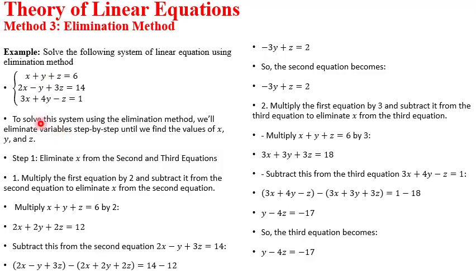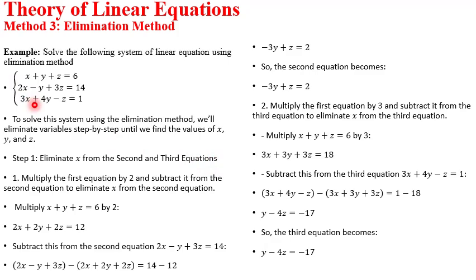Now, to solve this system using elimination method, what we first do is to eliminate variables step by step until we find the values of x, y, and z. So first step, let's eliminate x from the second and third equation. So this is the second equation, this is the third equation.